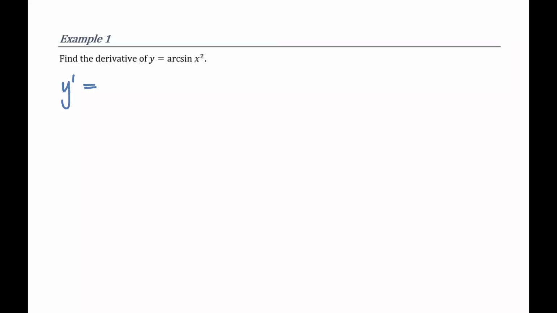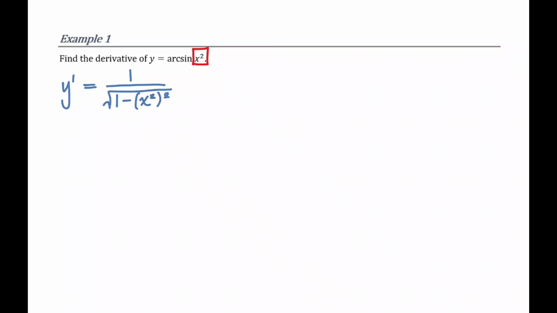Now, in this particular question, we have the arcsine of x squared. So we have x squared instead of just plain x. So we will have 1 over the square root of 1 minus (x squared) squared.